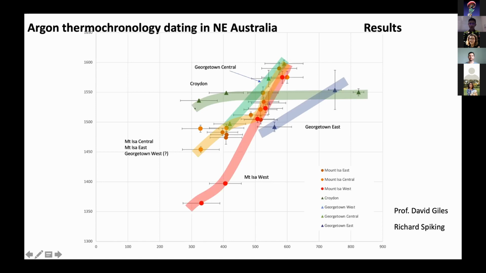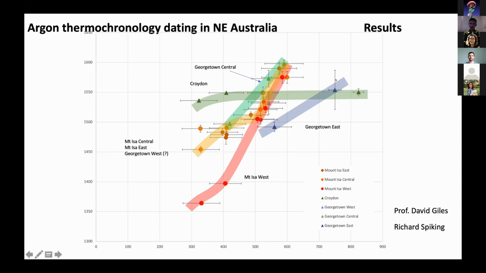It makes sense, and it also gives you separate cooling events in different regions. For example, the faster cooling record is from Croydon, collected from the granites, and what we're seeing is the granite intruding to a very near surface level and cooling down very fast during the later thermal diffusion stage.